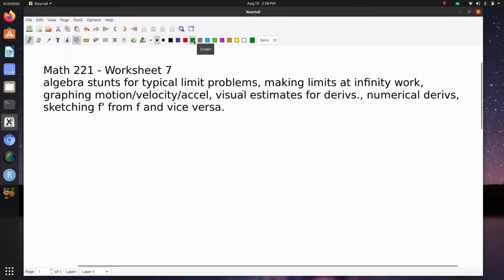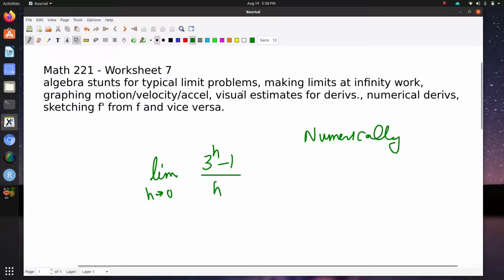Okay, so I have an exercise for you like this in the worksheet. And I want you to do this numerically. The other ones surrounding it, I want you to do algebraically, but this particular one we'll talk about in detail when we talk about limits and derivatives.